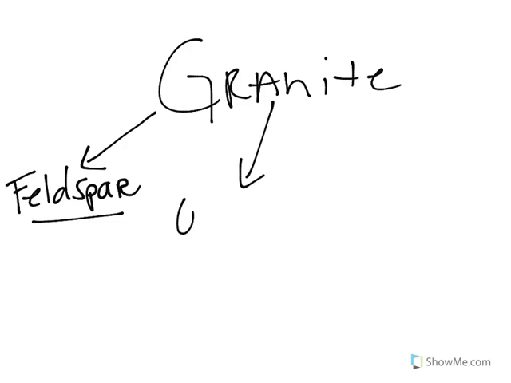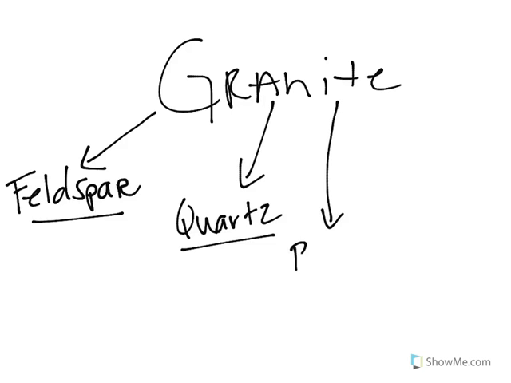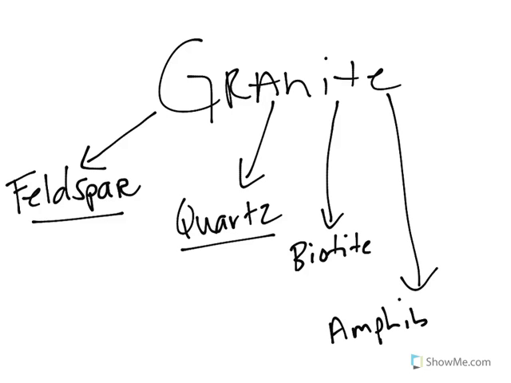It's going to have quartz. Quartz is the second most common mineral. We're going to have things like biotite, and then we're also going to have amphiboles. Now, what's important out of this is our biotites and our amphiboles, these are what we call mafic.